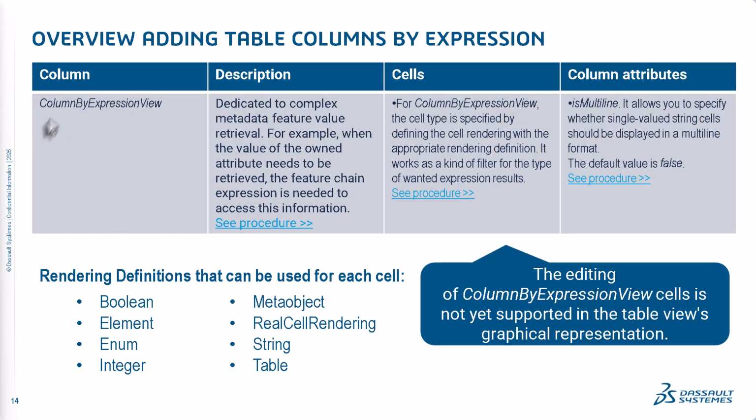And then if you want to do a column by expression, this would be more similar to like the meta chain or a script, something like that. So you can go and do more complex things. Additionally, each cell in this case would represent either, you have to say whether you are wanting it to be a Boolean, element, enumeration, etc. They're all written here.